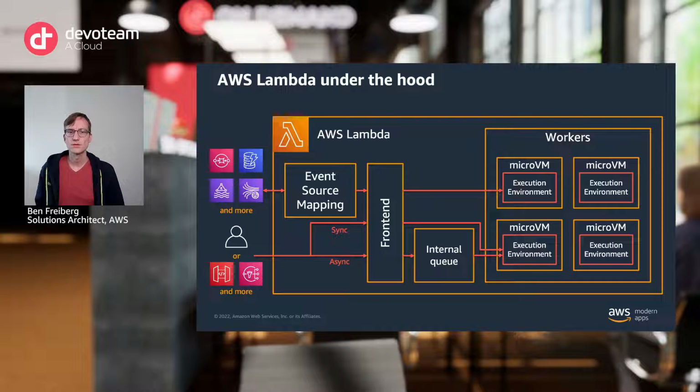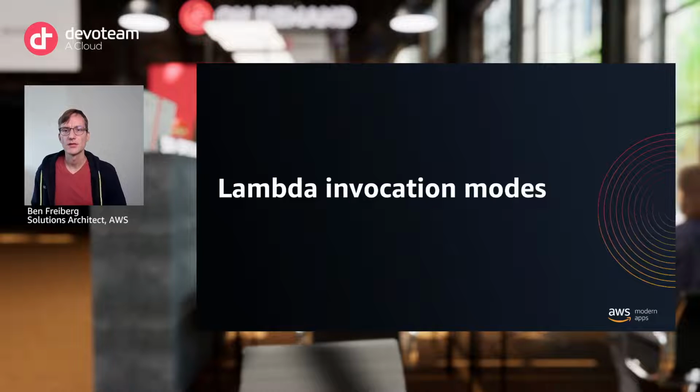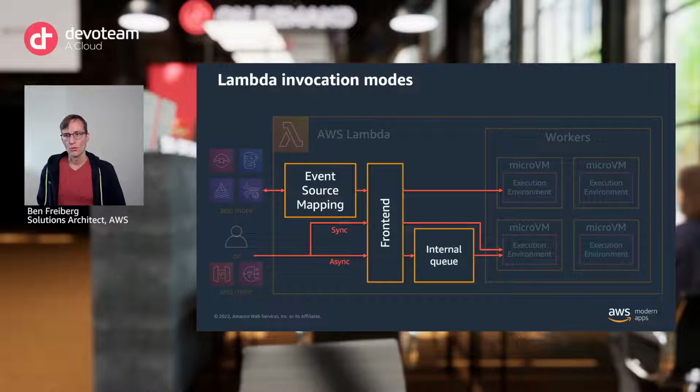And that leads us to our next topic, the different invocation modes. We're going to look at how your Lambda functions can actually be invoked. We've seen all the necessary service components already. So the front end, with its internal queue, as well as the event source mappings, which enable us to read from, for example, DynamoDB, Kinesis, or SQS.